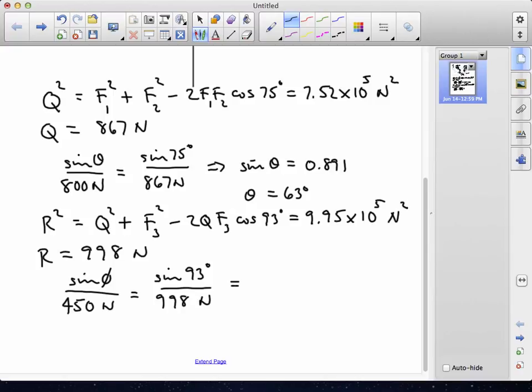Once again, I can solve for the sine of phi, and that turns out to be equal to 0.45. And taking the arc sine gives me that phi is equal to 27 degrees.